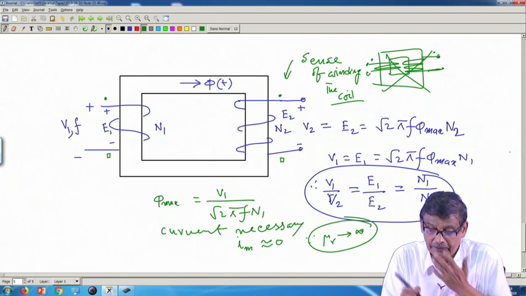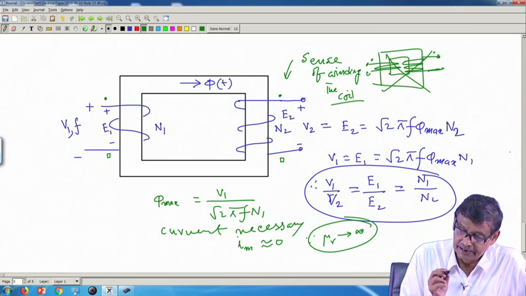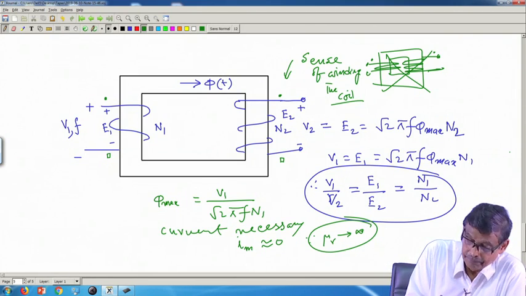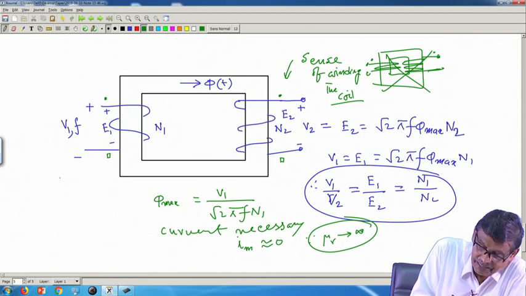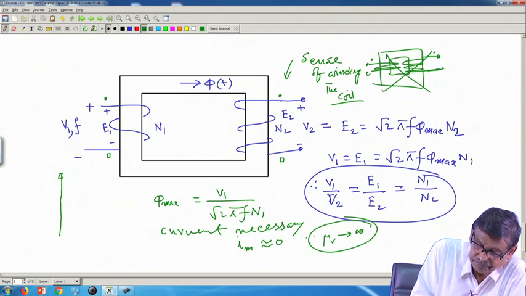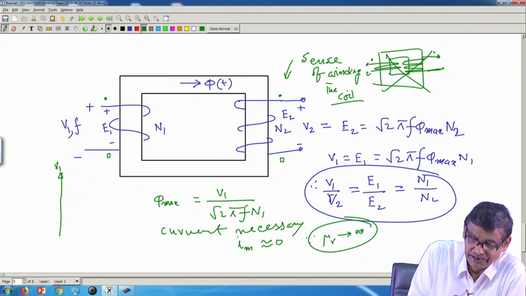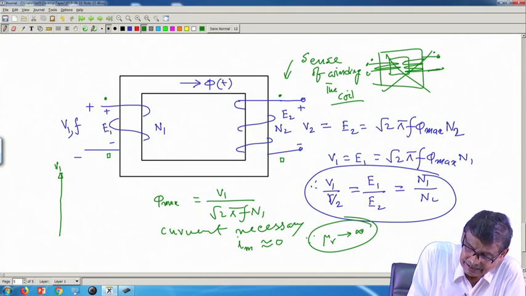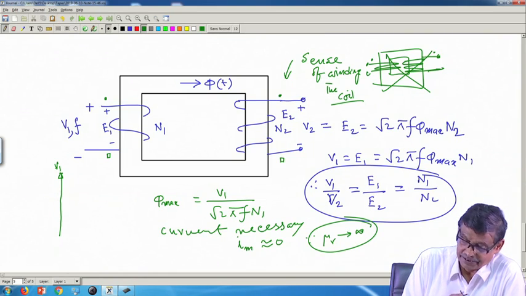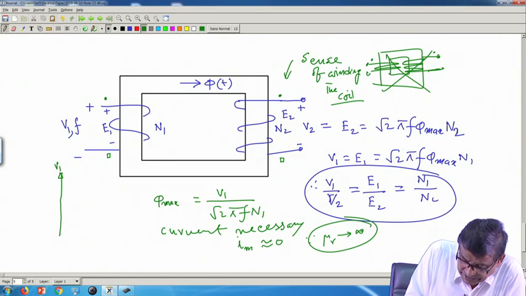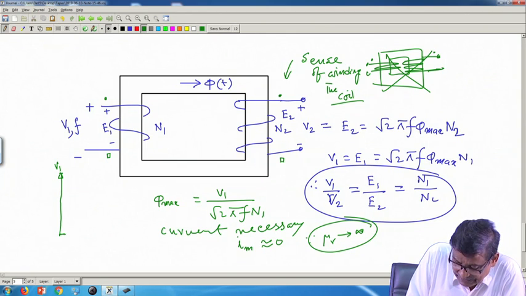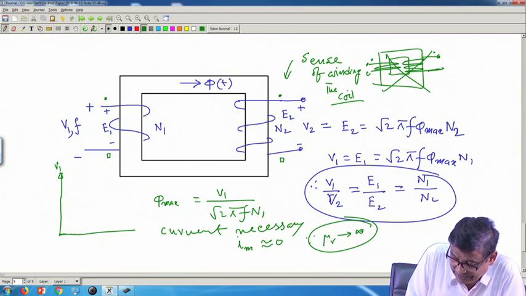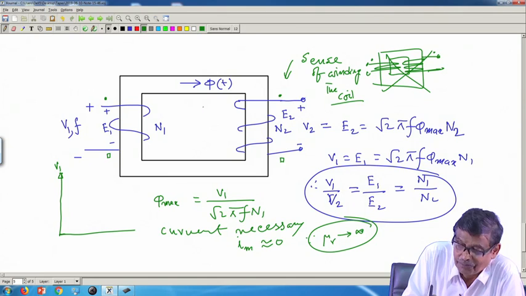And the last thing I will tell in this class: if I draw the phasor diagram, what should I draw? This is the applied voltage. Let me just draw it, to give you some idea. Then the magnetizing current drawn, although vanishingly small, will be lagging by 90 degrees. So the magnetizing current will be along this line, because after all it is a pure inductance.